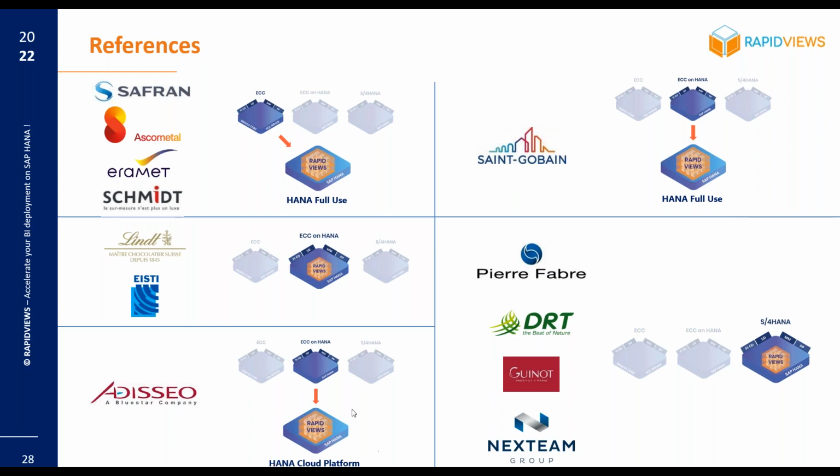On HANA Cloud platform, we have Adiceo. We have customers like Lind on ECC, on HANA for real-time reporting. And on S4hana, we have a very good customer, the third largest pharmaceutical group in France, Pierre Fabre, DRT, Gino Group, and Nexteam Group for real-time reporting on S4hana.